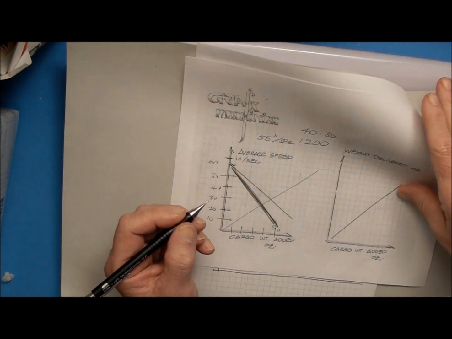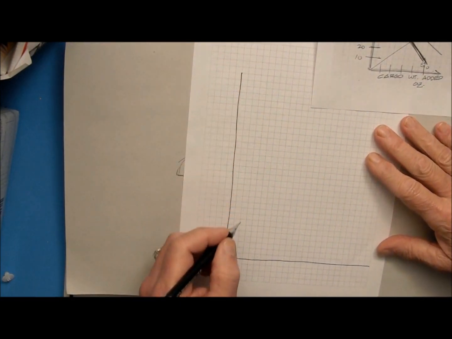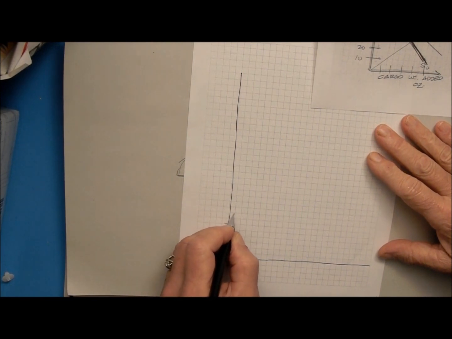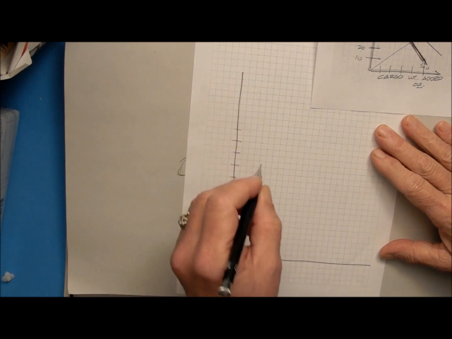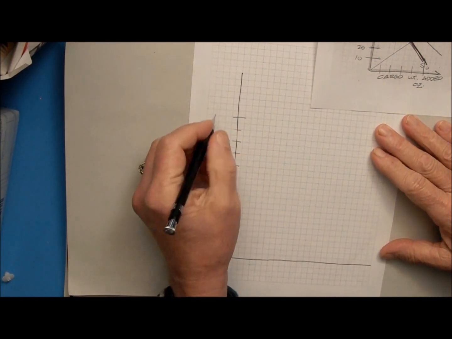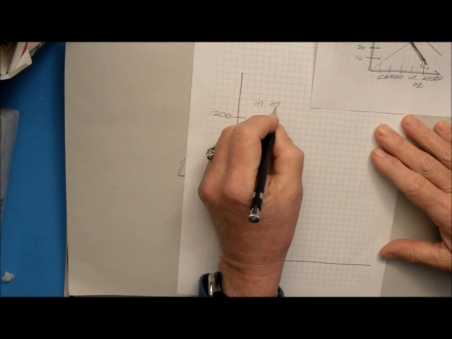So when we go now to make a score chart, we want the vertical scale to go to at least 1,000, if not more. 2, 3, 4, 5, 6, 7, 8, 9, 10, 11, 12. So that would be 1200. And that's ounces per second.